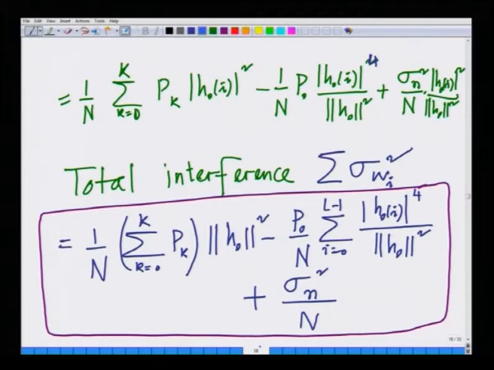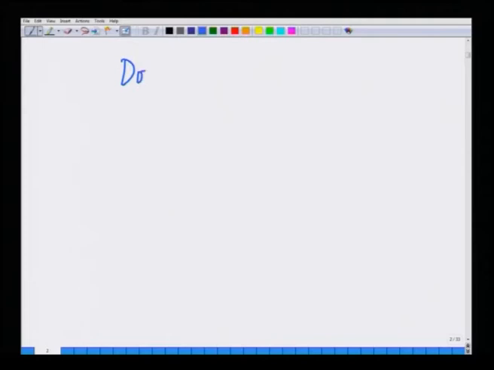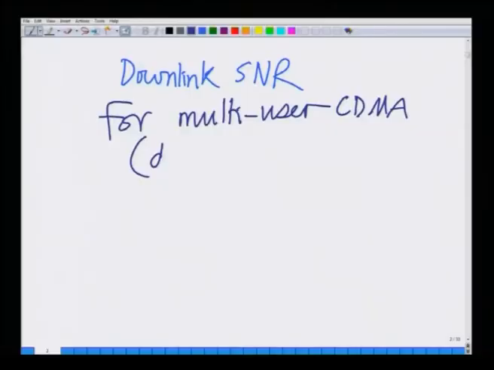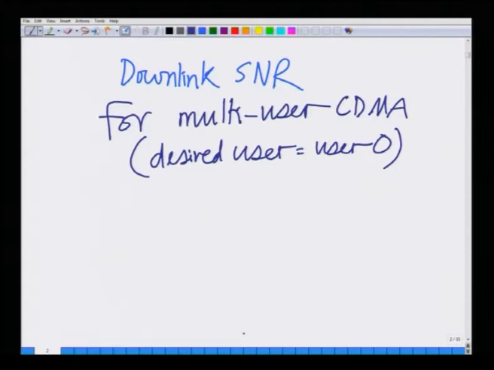So, the downlink SNR for multi-user CDMA is given as, we are considering the desired user as user 0. So, desired user equals user 0.